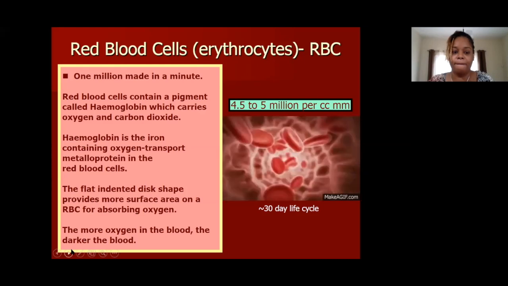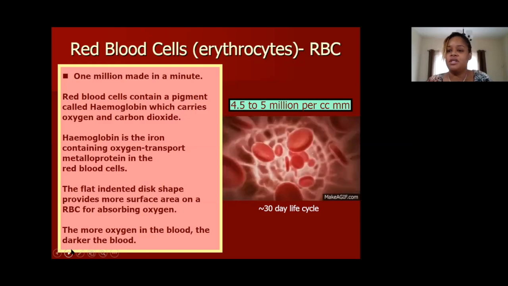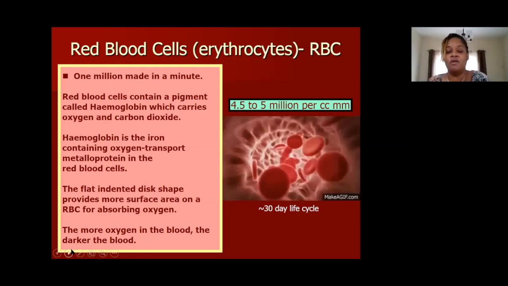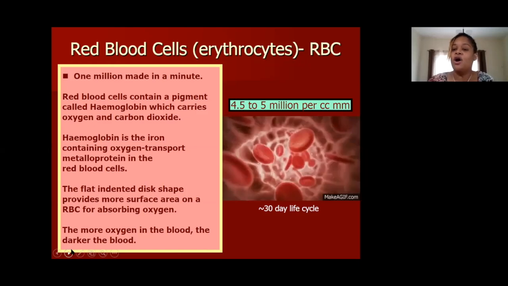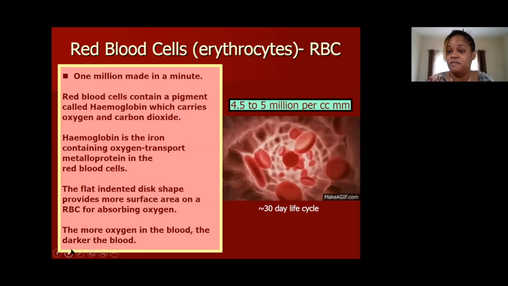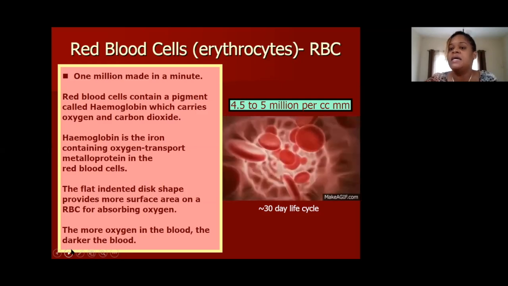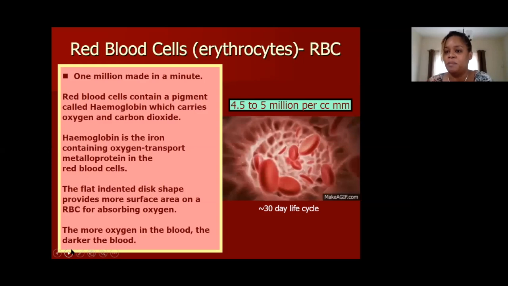So when we talk about our red blood cells, our main function is to transport oxygen around the body. And how? Oxygen attaches itself to the hemoglobin, which is an iron component of the red blood cell, and by attaching to the iron, it is able to be transported easily by these red blood cells.